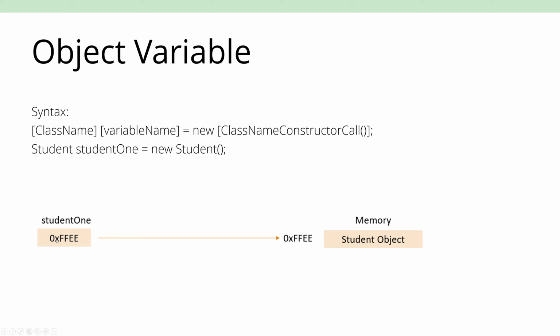Anyways, here is our address. This is our memory address, the location of where I can find the student object. So I go along this road and I find the address, and somewhere in memory is where the actual student object lives.